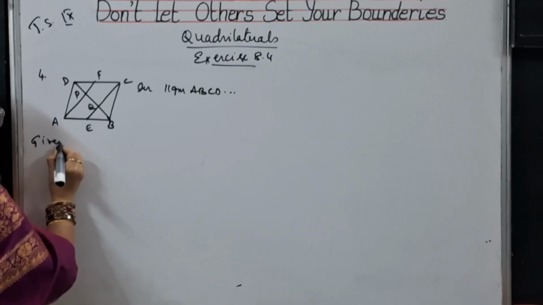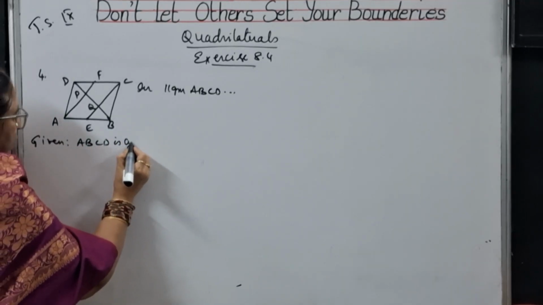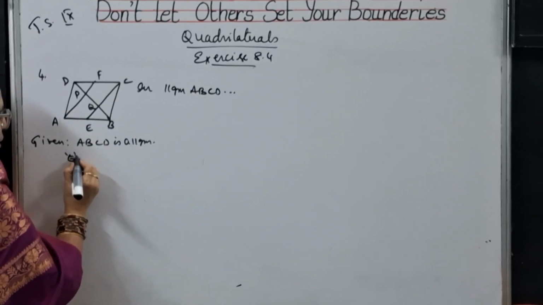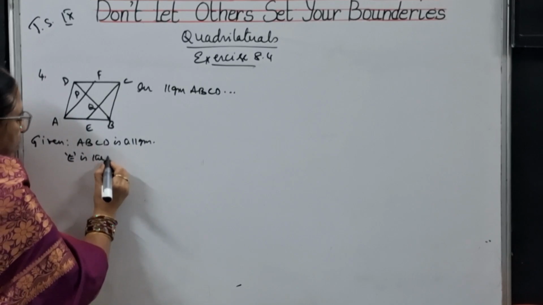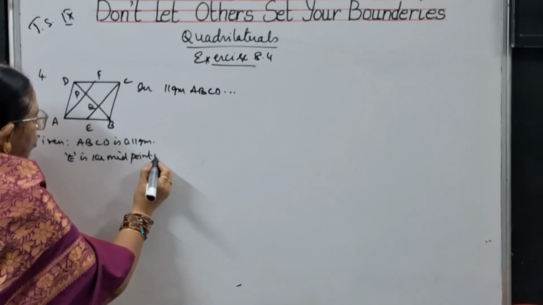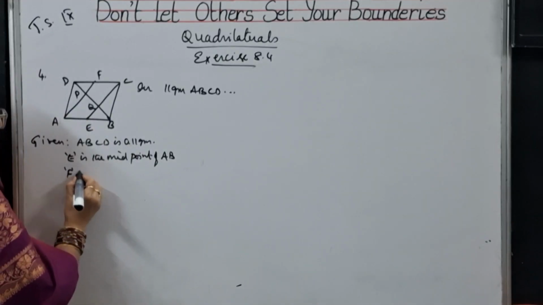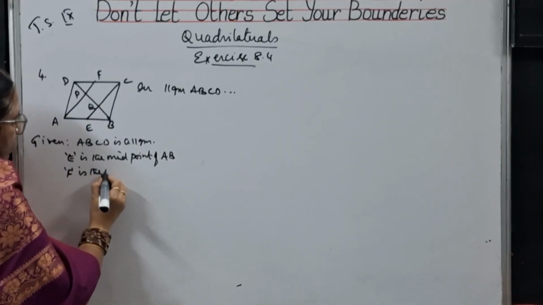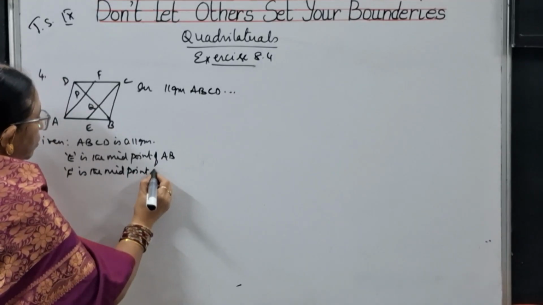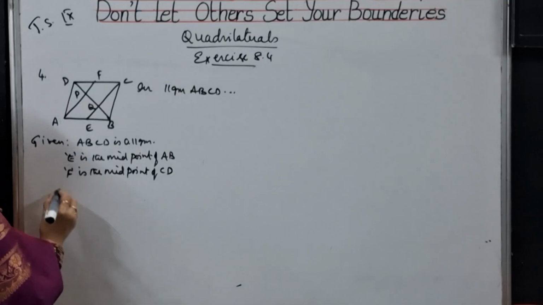So, what is given to us? ABCD is a parallelogram, and E is the midpoint of AB, and F is the midpoint of CD. This is what they have given.